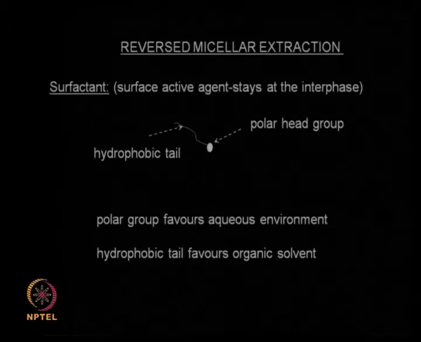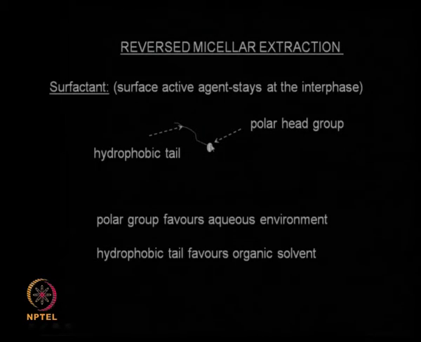Let us look at what is a micelle. Before that we will look at what is a surfactant or a surface active agent. A surface active agent always stays at the interface, because you have a water layer and a solvent layer, so the interface is between the water and the solvent layer. The surfactant has a polar head group.